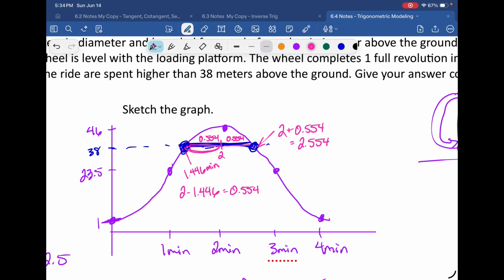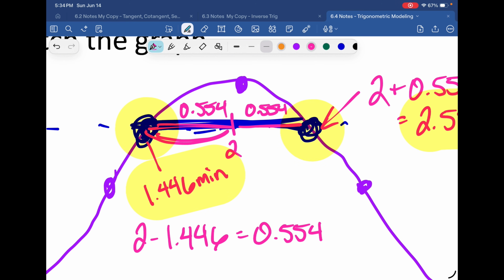All right, so I have the 2 locations, once at 1.446 and the second time at 2.554. Great. I just want to know how long I'm above. Well, I did all that work, and shoot, all I needed was this. I have 2 of them.